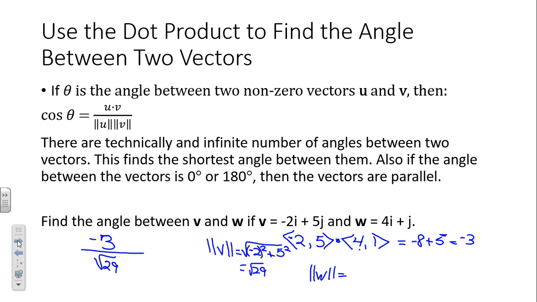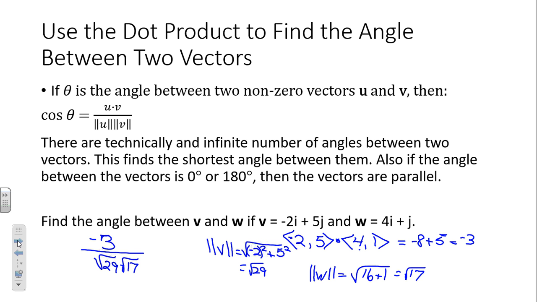The square root of 4 squared plus 1 squared, so square root of 17. Okay, so now we have a square root and a square root. Since the indexes are the same, they were the same radical signs, that means that we can multiply them together, right?